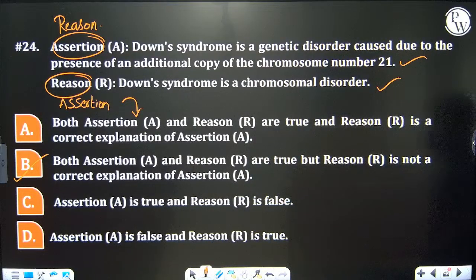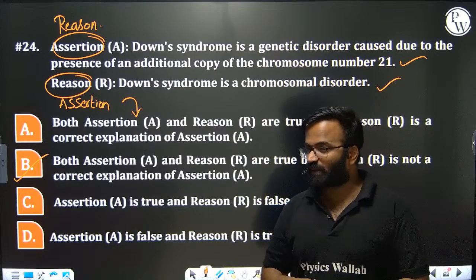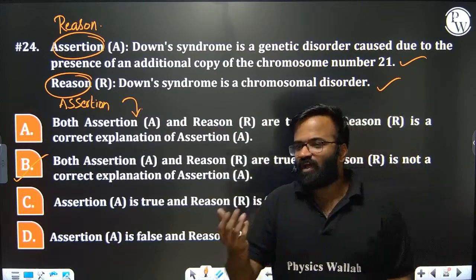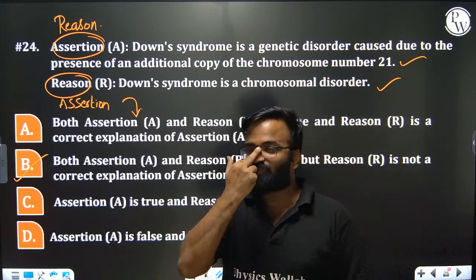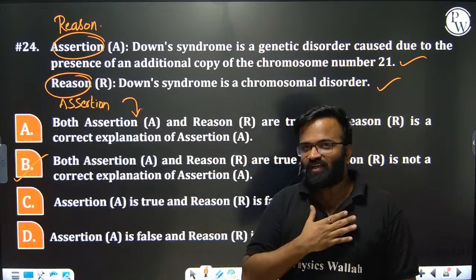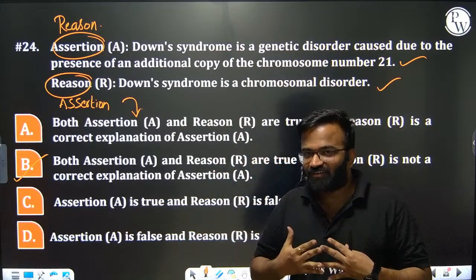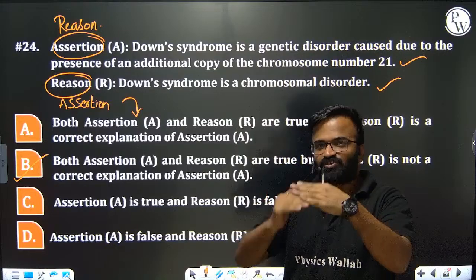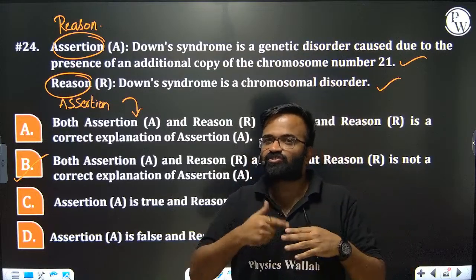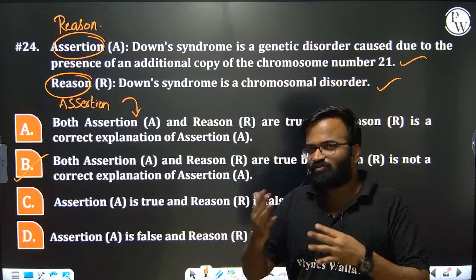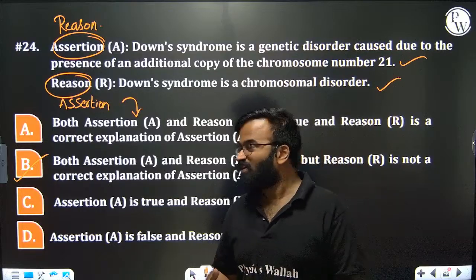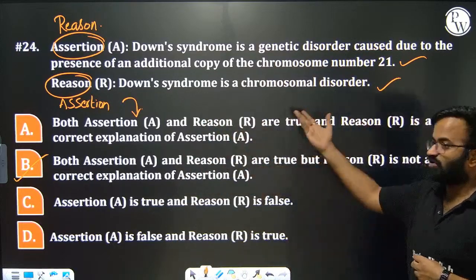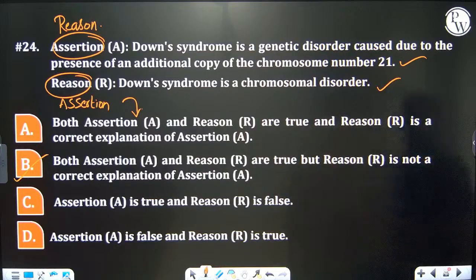Most of the time these mistakes do happen with the question paper setters. I think most of the students would connect with what I'm trying to say: sometimes you feel in your gut that the reason should have been the assertion and the assertion should have been the reason. Then it would have been the proper question. This is a classical example of that.